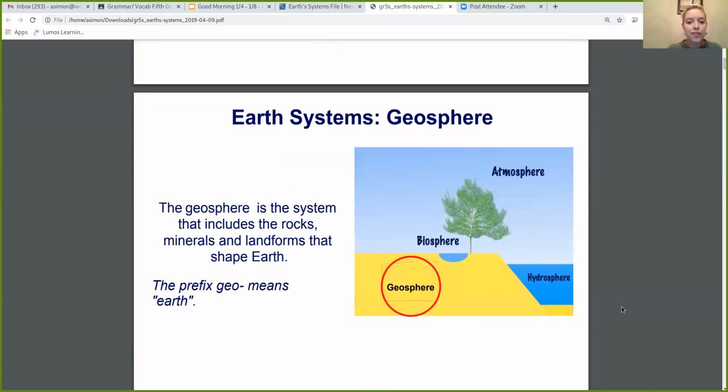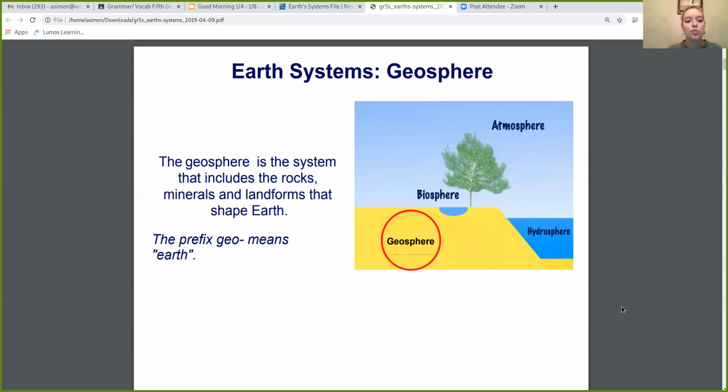All right, so the geosphere is the system that includes rocks, minerals, and landforms that shape Earth. Geo is everything that has to do with the Earth. So all of the actual Earth itself, the rocks that make up the ground, the minerals, the landforms, the land.